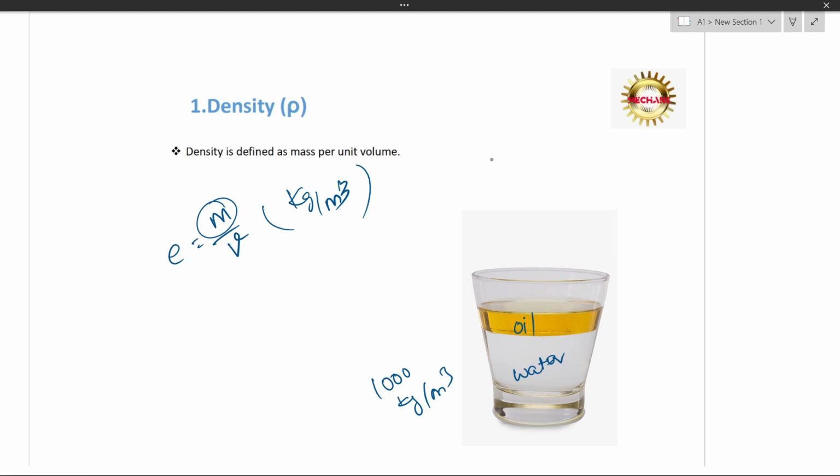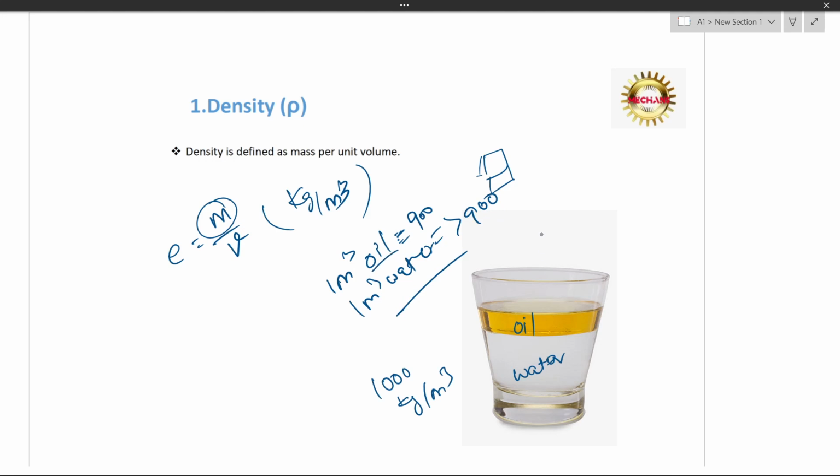For example, if 1 meter cube of oil has maybe 900 substance, then 1 meter cube of water has more substance than that. Only then should the water have more density than the oil.